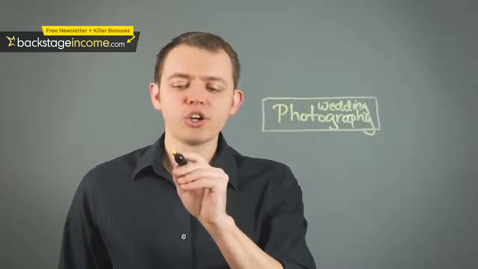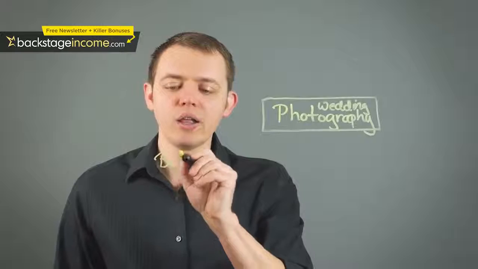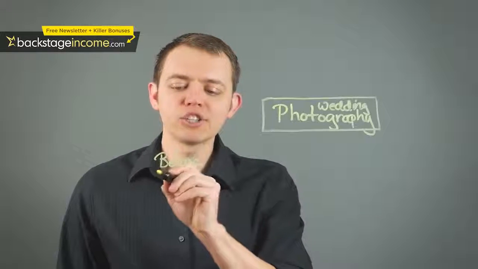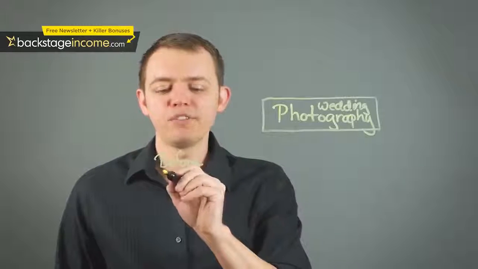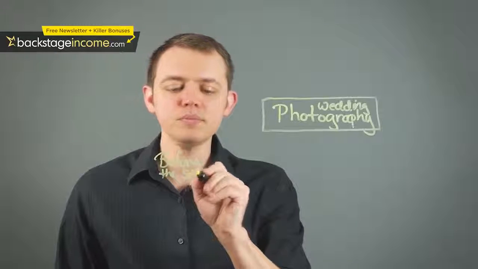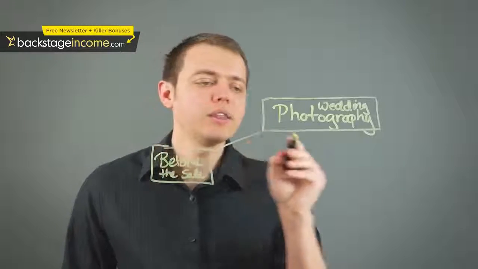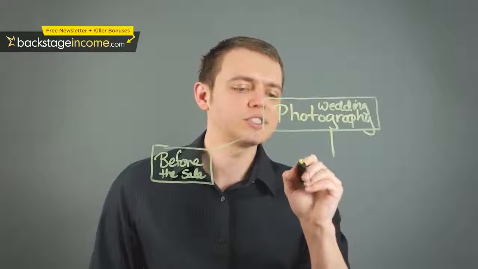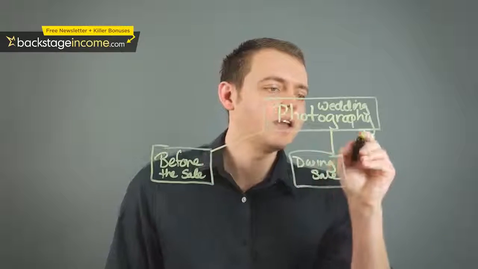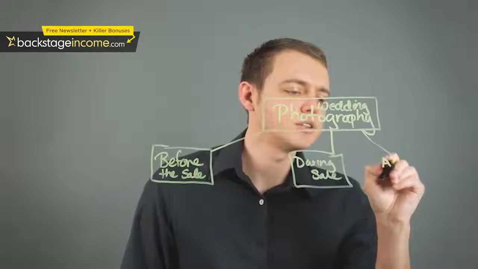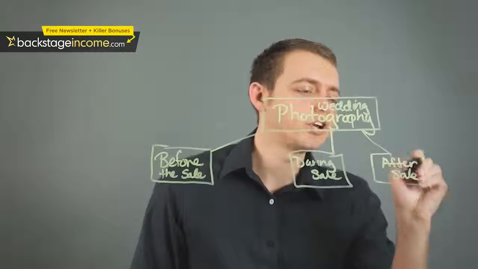So now as I start going into it, I might say, okay, I might have one section or chapter before the sale. Okay, so that could be one segment of the book. Then I might have another segment that's during the sale, and then another one that's after the sale. So now I have these three components.